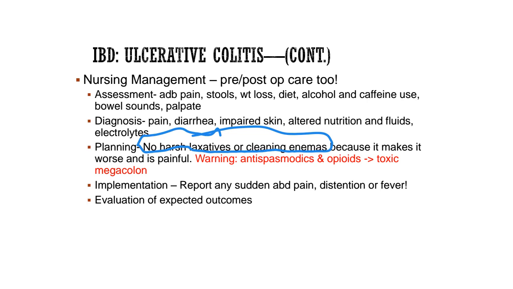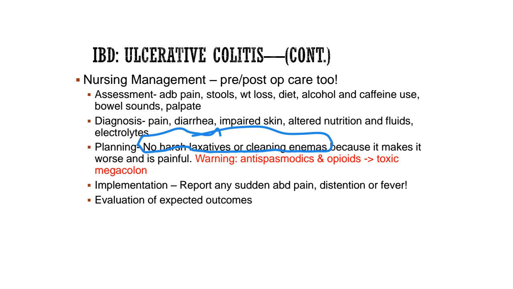Now, we do have a warning here: antispasmodics and opioids. Opioids and antispasmodics decrease stimulation. So here's the opposite: give them laxatives, it increases stimulation, makes it worse. Antispasmodics, which are to stop diarrhea and stop pain, also stop the colon from moving very well.